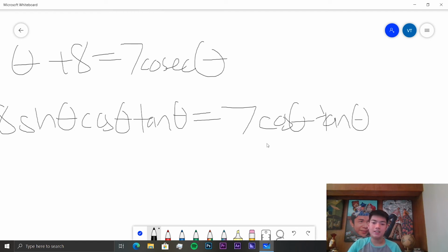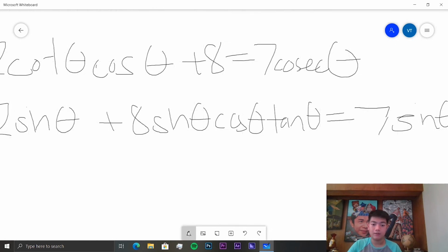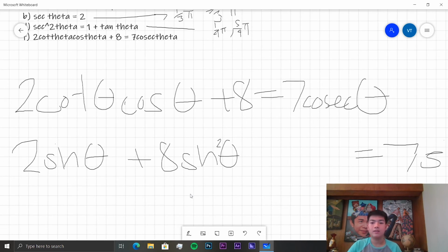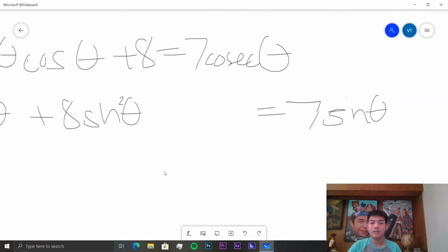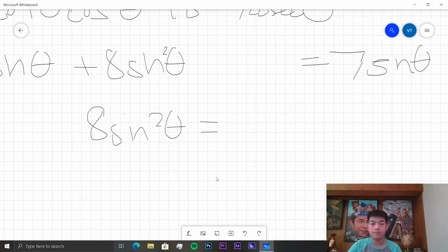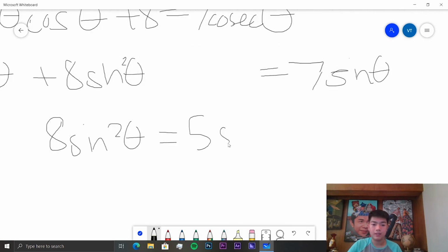And we know that cosine theta tangent theta simplifies into sine theta. So we have 2 sine theta plus 8 sine squared theta is equal to 7 sine theta. So we have 8 sine squared theta is equal to 7 minus 2, which is 5 sine theta. If we divide both sides by sine theta, we have sine theta is equal to 5 over 8.